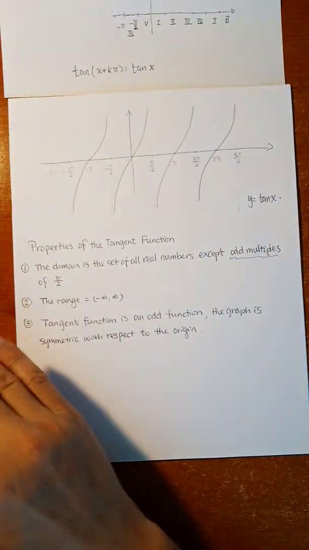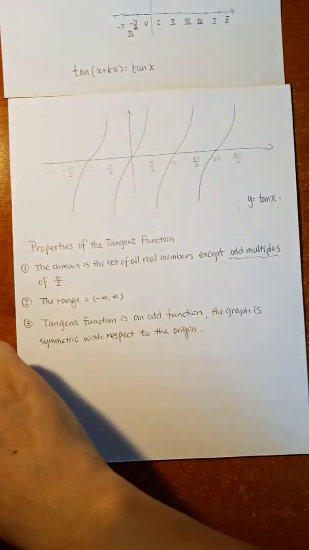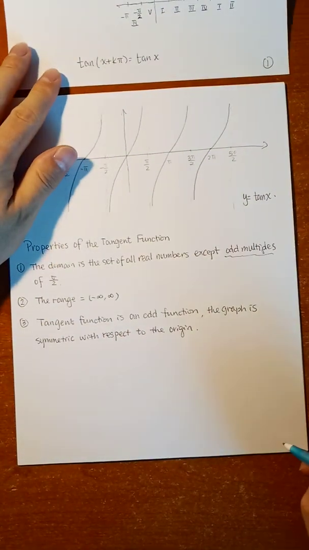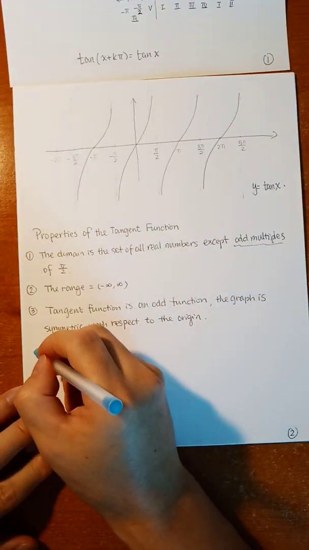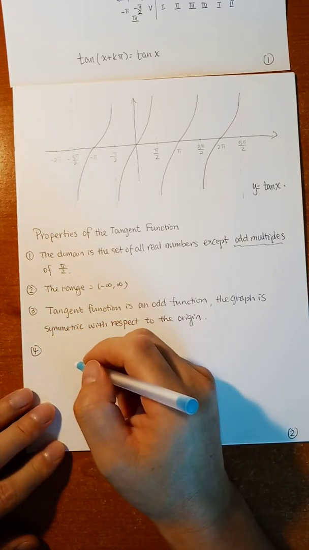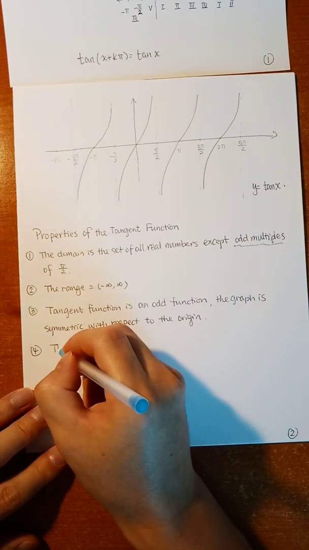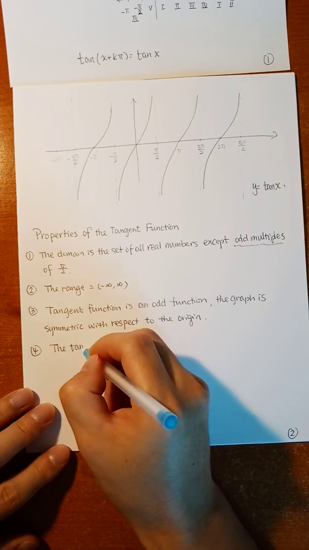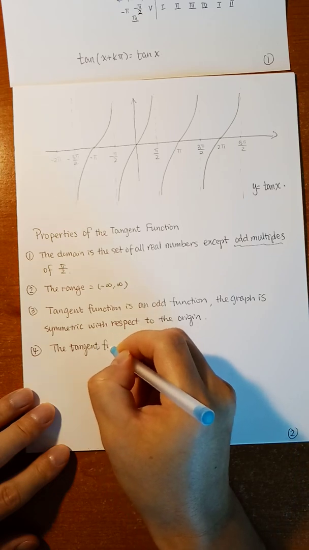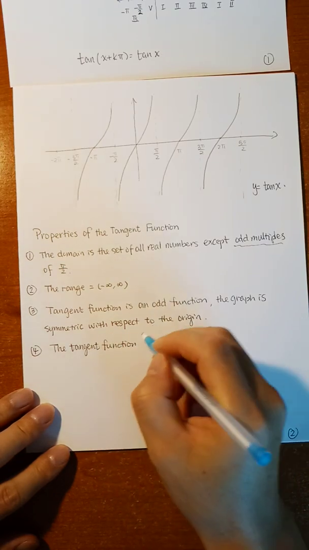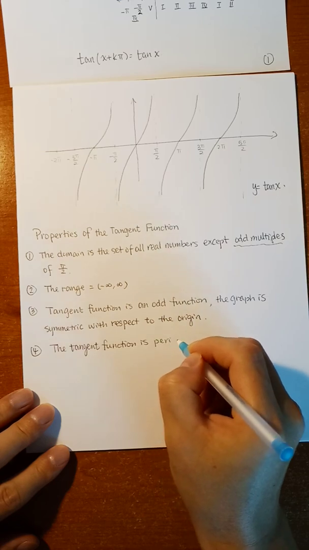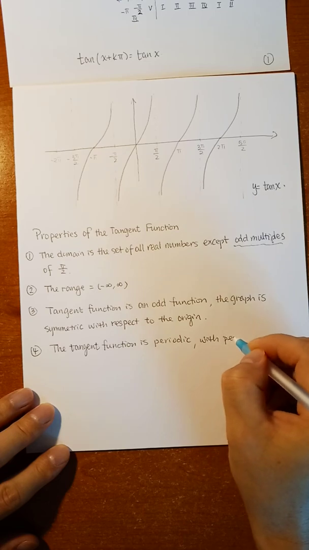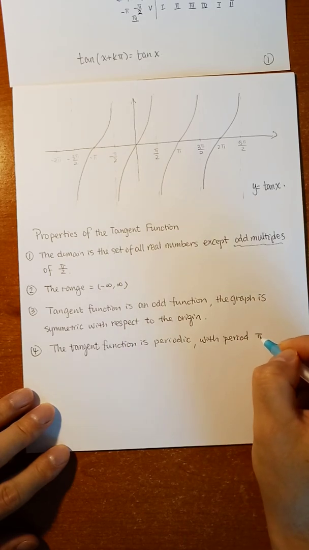Okay, so you rotate it pi radians, you have the same graph. Four, the tangent function is periodic, with period pi.